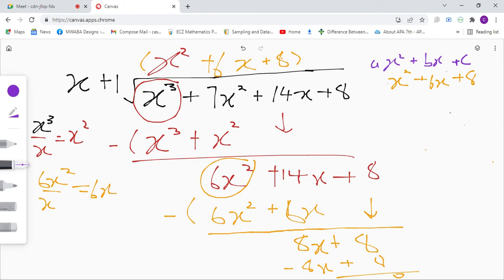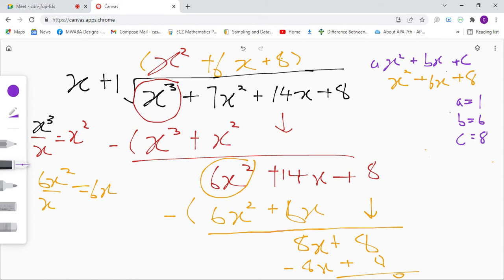What's the coefficient here? We have 1. So our a is 1. B is the coefficient of x. The coefficient of x is 6. C is the constant, so c equals 8.